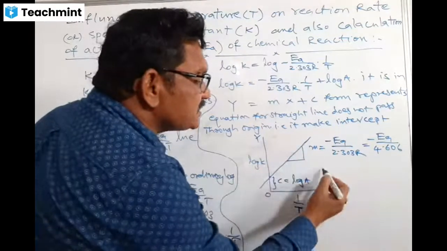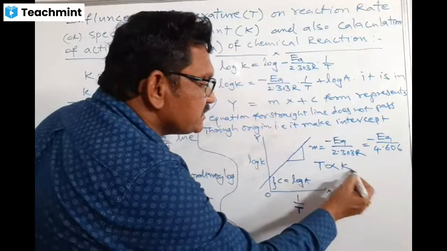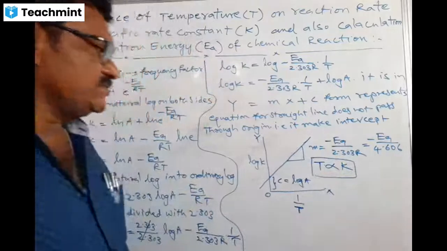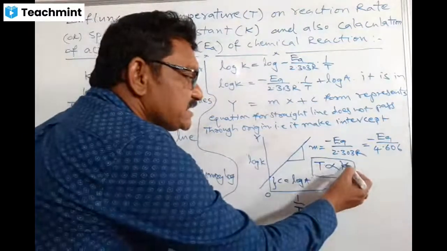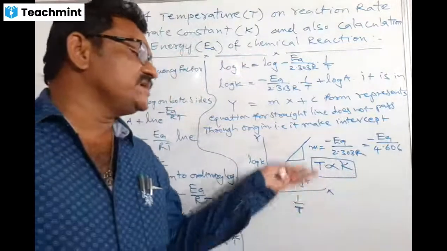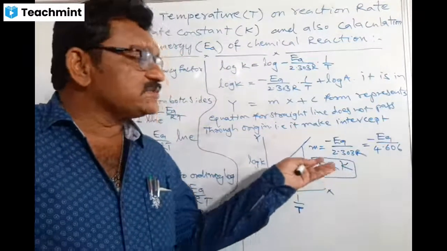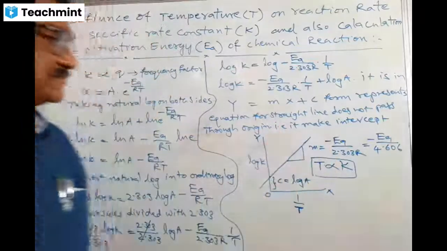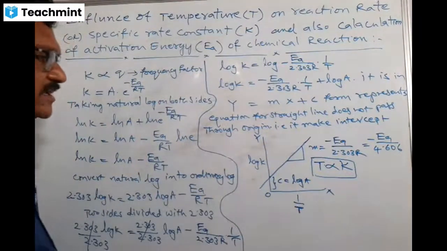From that, we can understand that temperature is directly proportional to the specific rate constant of the reaction. What I said first, from this graph we can understand mathematically that when we increase the temperature of a chemical reaction, the rate of reaction and rate constant increase. You can understand that by looking at this graph.